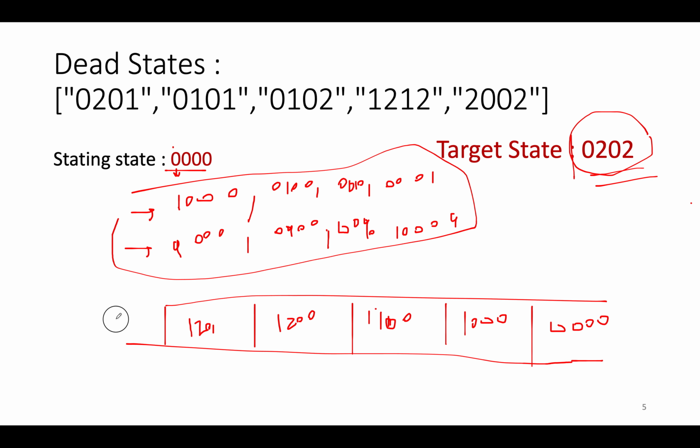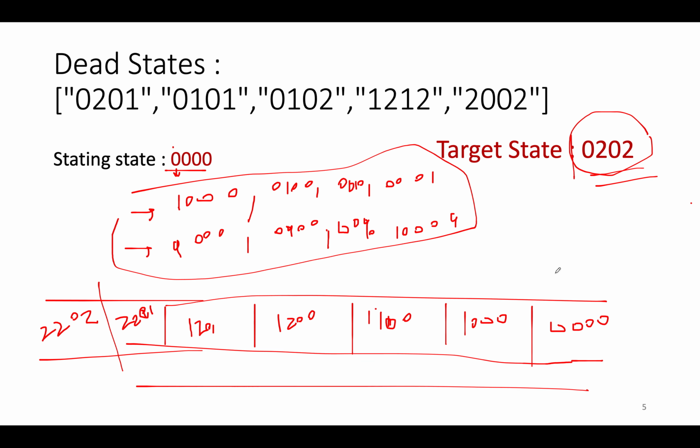And fifth one would be 2, 2, 0, 1. The last one would be 2, 2, 0, 2. I hope this logic is clear to you, and if something is still unclear, let's understand it in the coding section. The total hops needed for this state is 6.